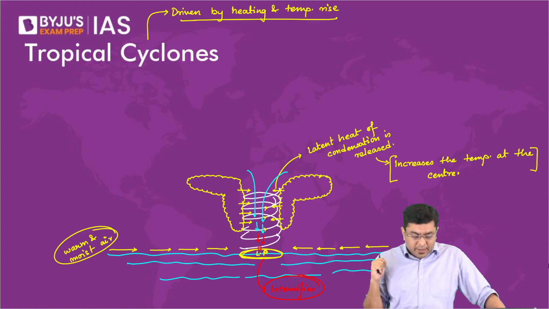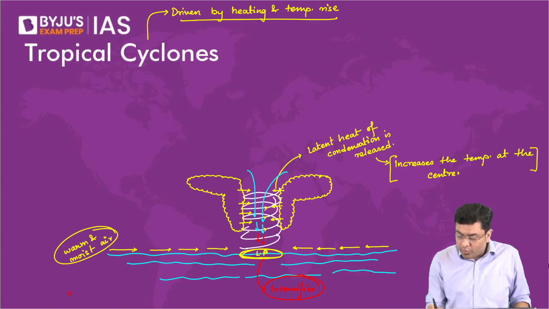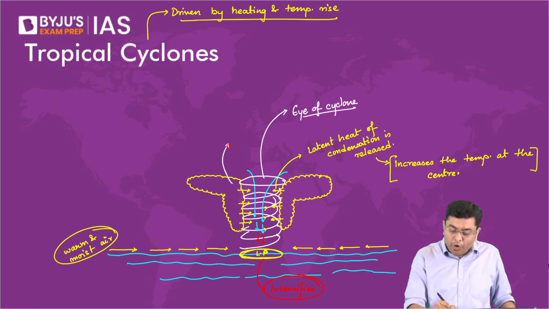Perfect. So this is what is referred to as the eye of the cyclone. This is what is referred to as the eye wall.